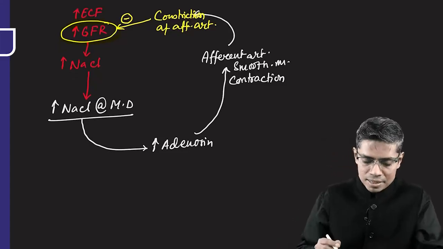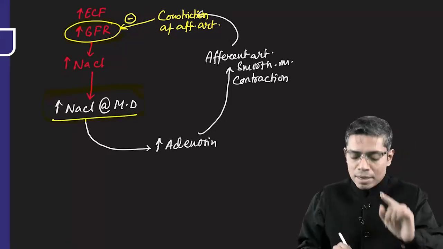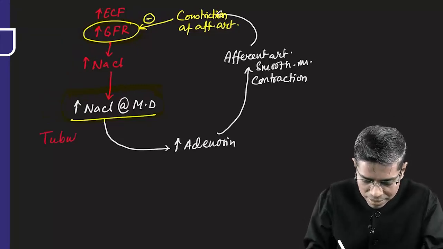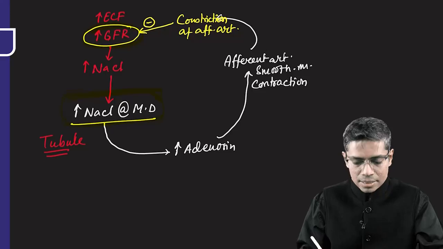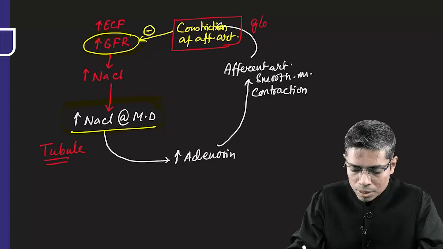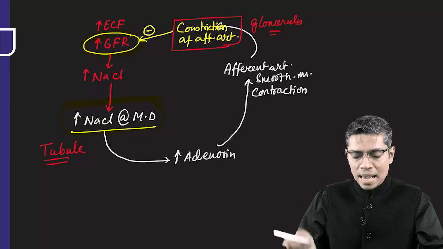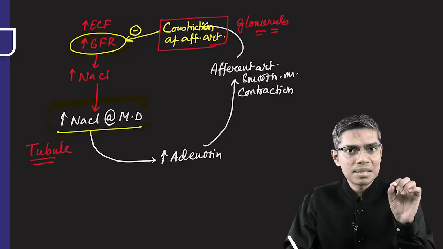The feedback mechanism is originating from here, the macula densa cell, which is a part of the tubules. So this feedback is originating from part of the renal tubules, and it is acting at the level of the afferent arteriole of the glomerulus, and it's a negative feedback.